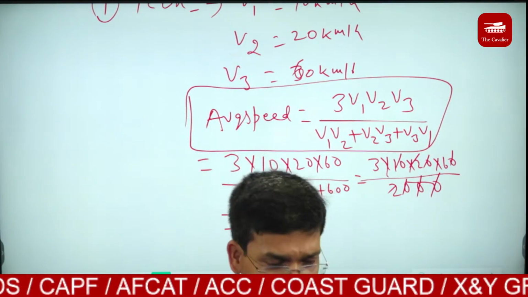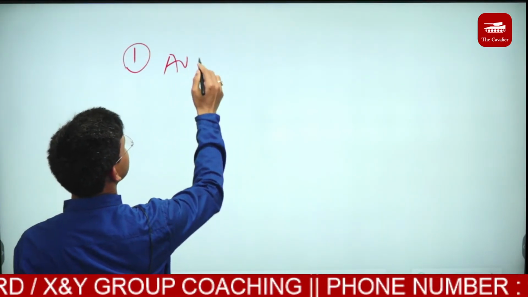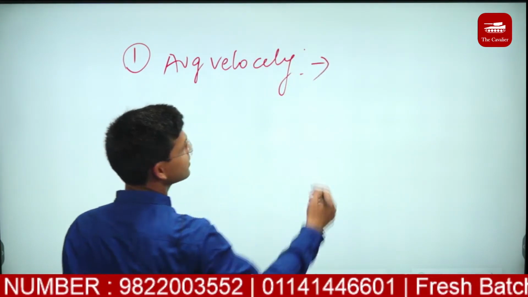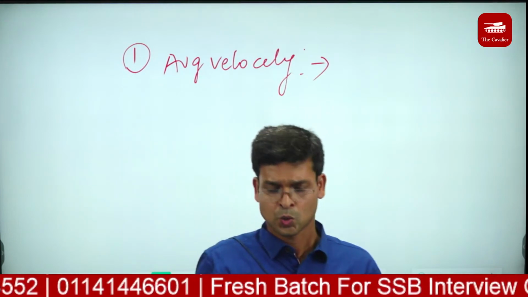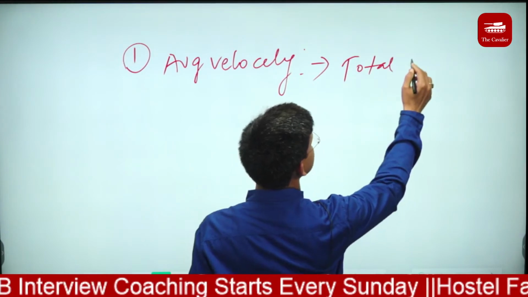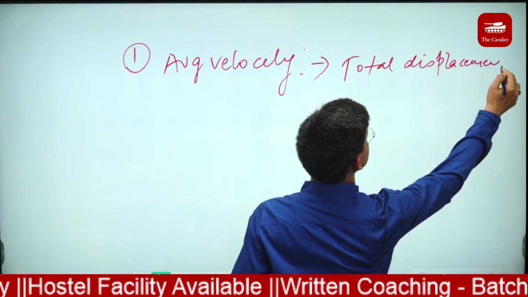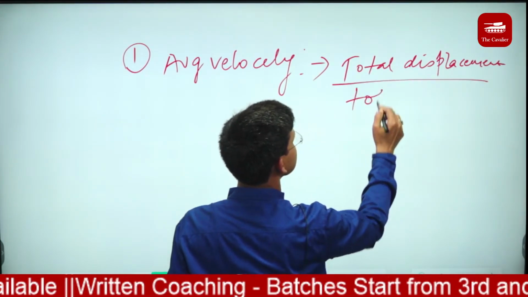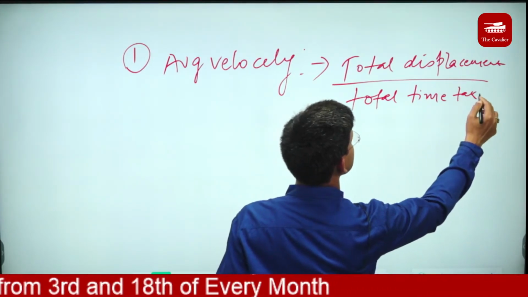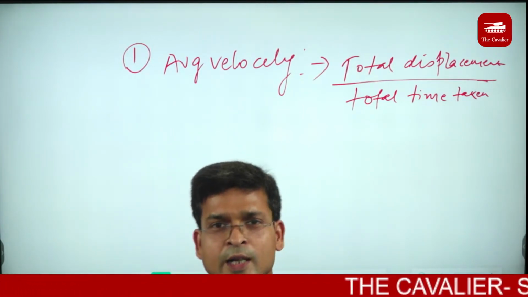But if in the question we are asked to find the average velocity, it is basically the total displacement upon total time taken.